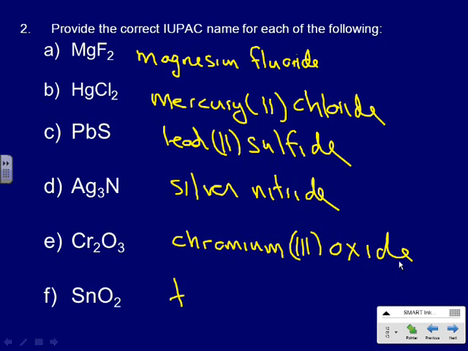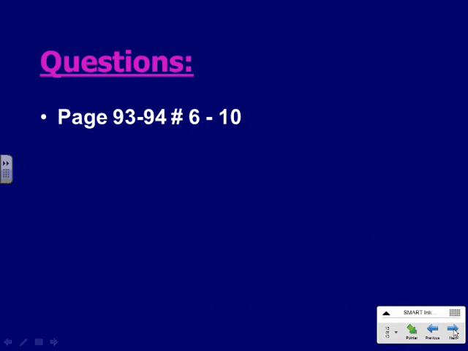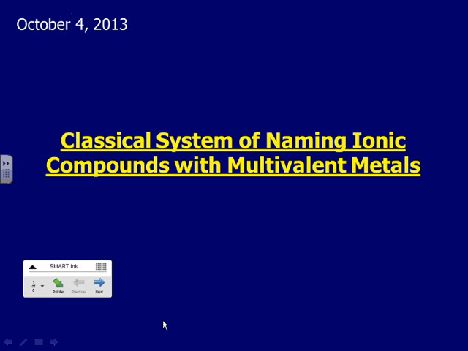Yeah, very good. Tin 4 oxide. Tin 4 oxide. There's a bunch of practice problems. Now, I'm not going to let you work because I do want to talk about the classical naming system. The classical naming system.